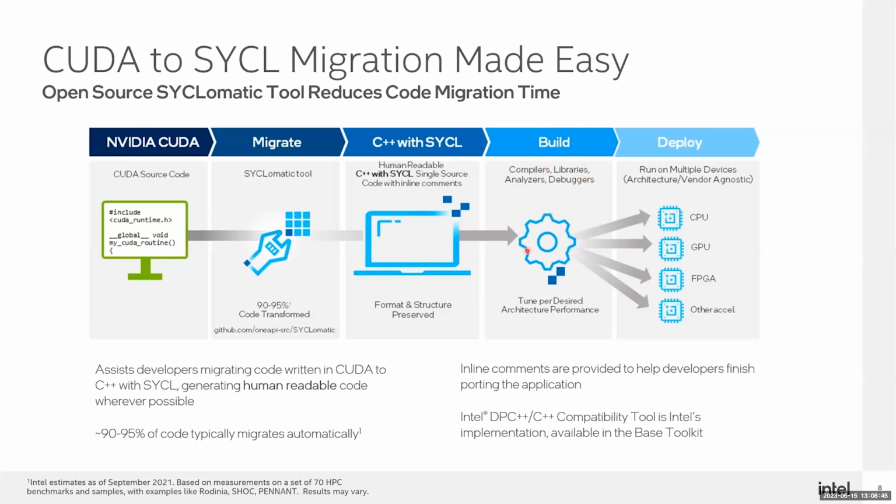So that's the fourth step. Once it's migrated, you can just build that. And once you've built it, it will run on CPUs, GPUs, FPGAs, and any other accelerators, and also from any vendor, right? So you've gone from running only on NVIDIA to running on different devices. So that's the main advantage.